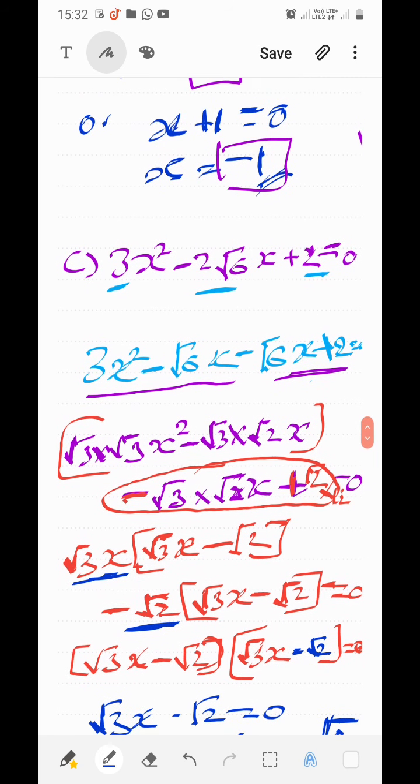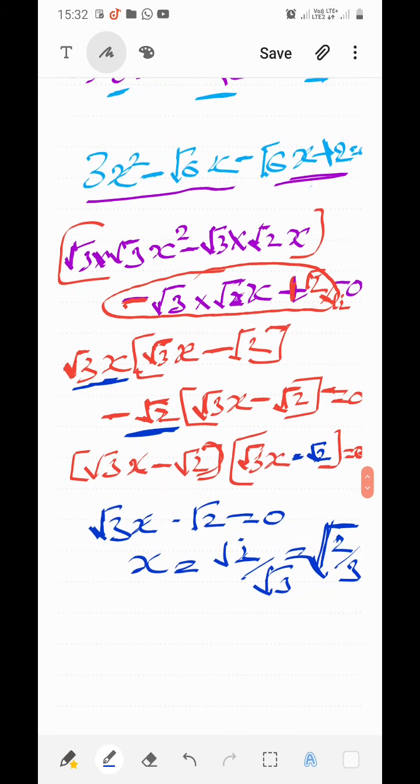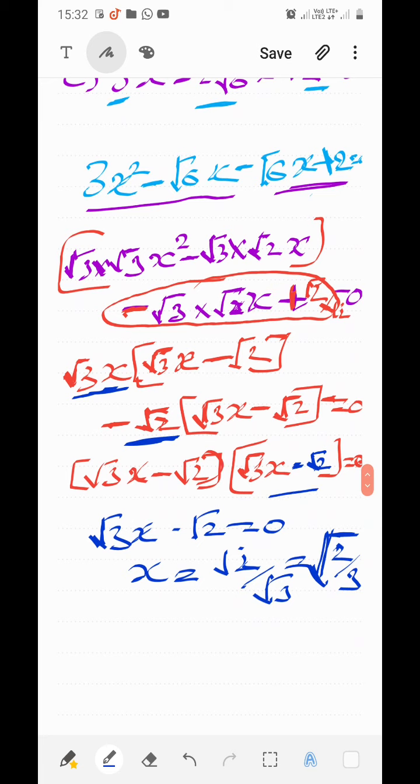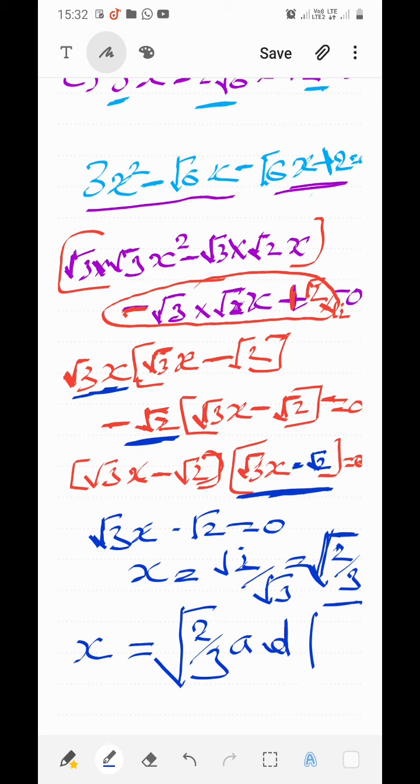If we write the second one, root 3 x minus root 2 also equal to 0, you will get the same. So the roots are root of 2 by 3 and root of 2 by 3. What it means? Both the roots are same, actually same roots.